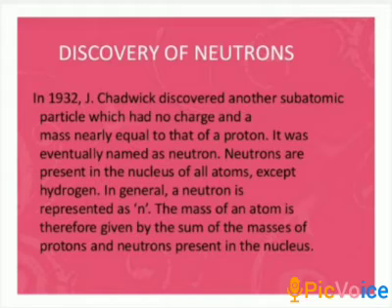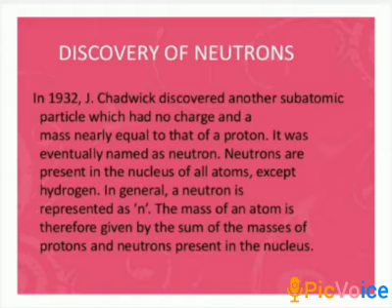Now, the mass of electrons is so small that it can be ignored. So, the atomic mass of carbon should be only 6 u, which is the mass of 6 protons. This, however, is wrong because the actual atomic mass of carbon is 12 u. Then, how do we explain this extra mass of 6 units?